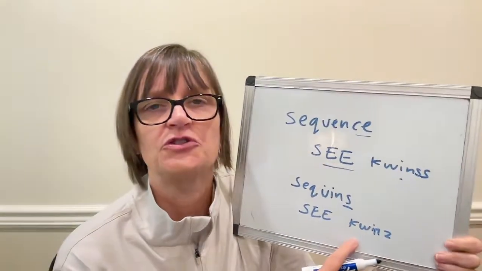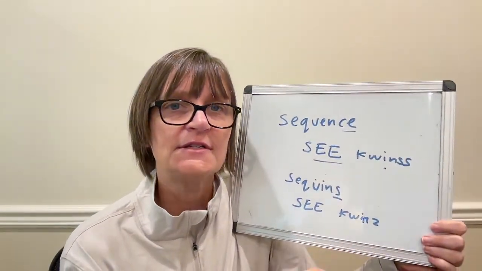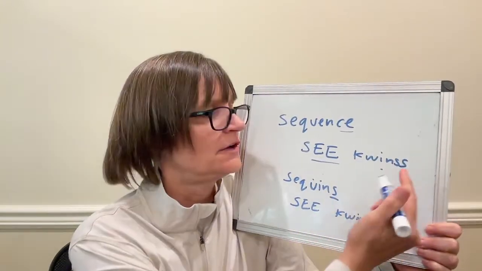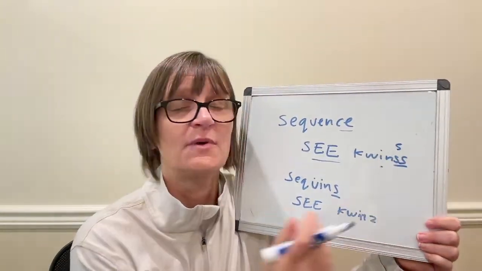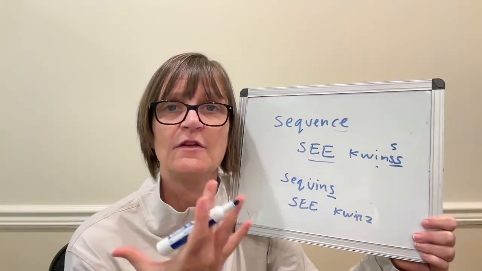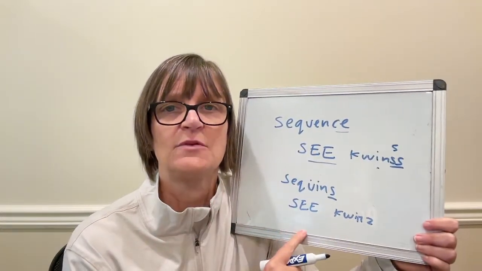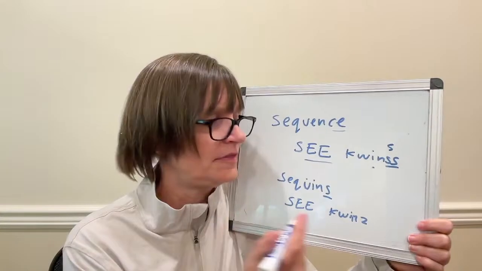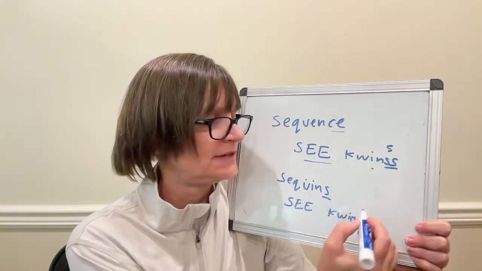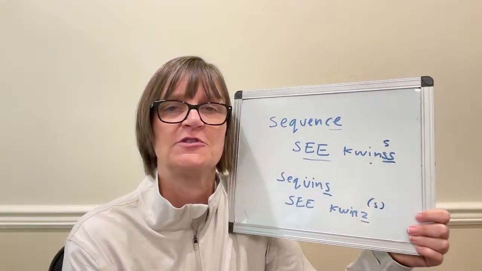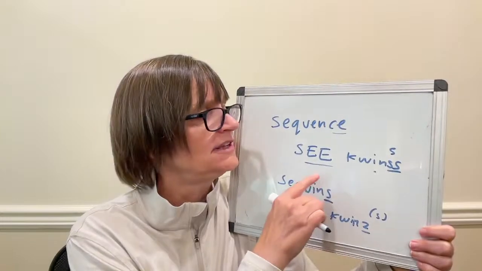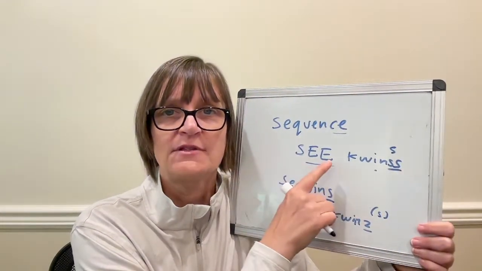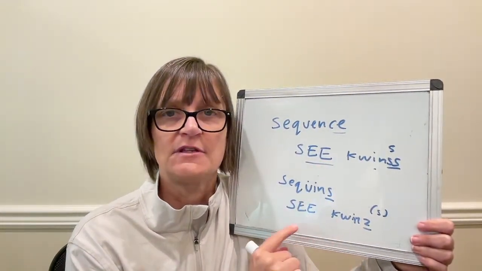I'm not saying a strong Z here. But you can hear that this is a strong S, sequence, the sequence. You can hear the air, and this, sequence, or sequins. The Z is a weak Z, so it kind of also sounds similar to a weak S. So listening for the difference, the sequence, the sequins.